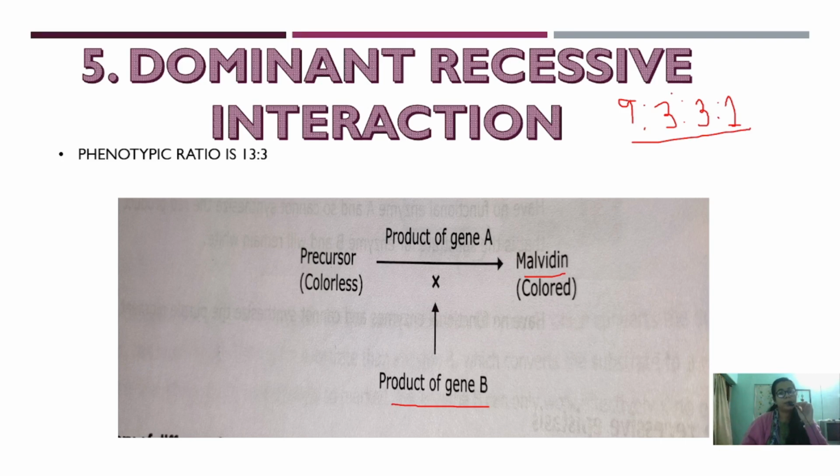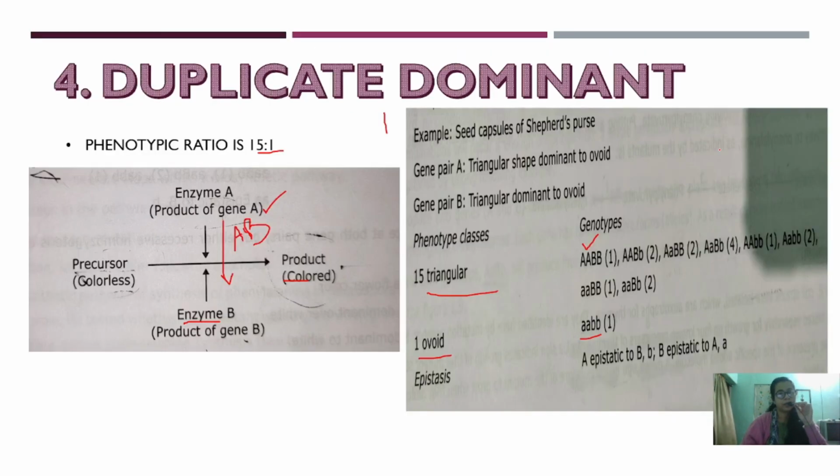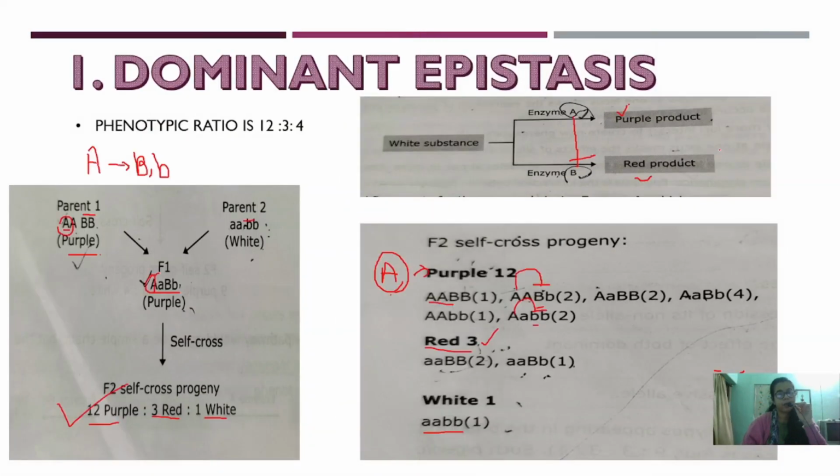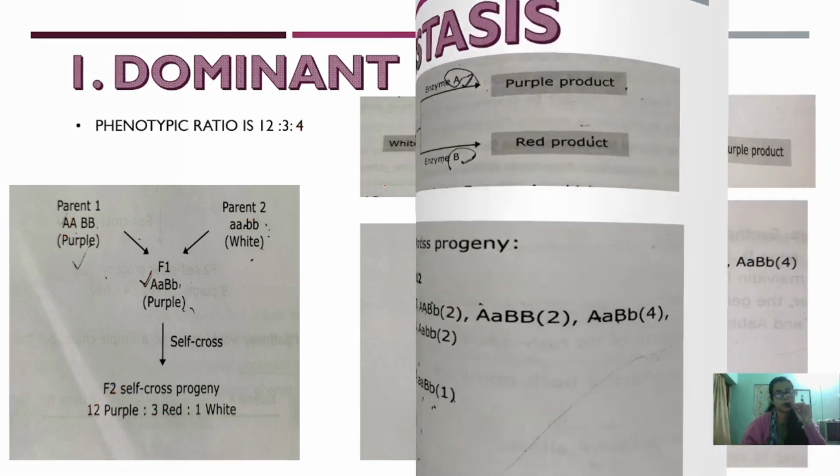So remember that whenever you are writing about a dominant epistasis, you need to add from here, that is, 9 plus 3 is 12. So the ratio becomes 12:3:1. Sorry, I made a mistake and wrote 4. 12:3:1 is the ratio.